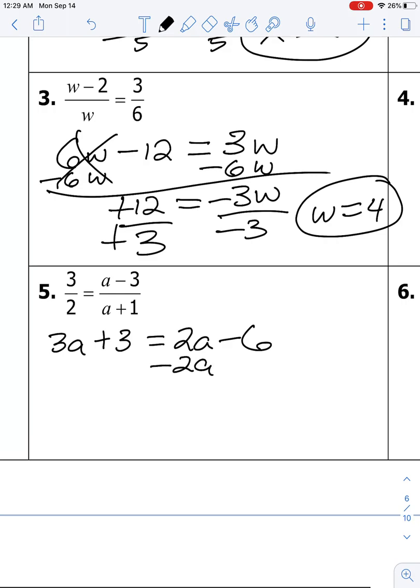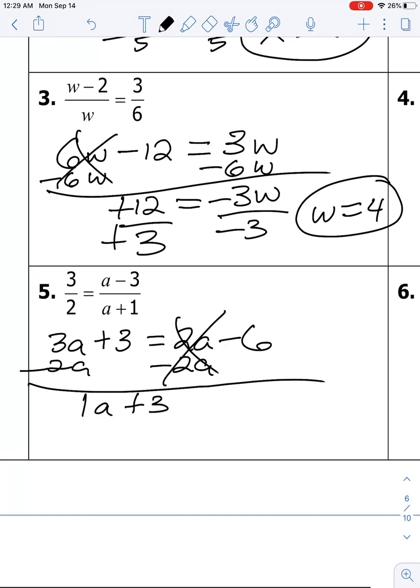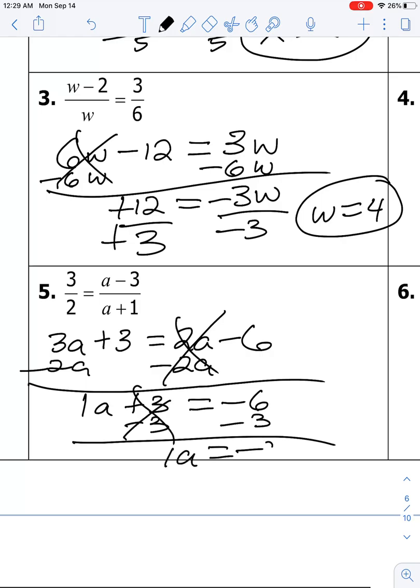So I'm going to subtract this 2a over here, which gives me 1a plus 3 equals negative 6. All right. So now I'm going to subtract my 3. Watch your negatives here. So you get 1a equals negative 9. Divide by 1, a equals negative 9. And that's your answer.